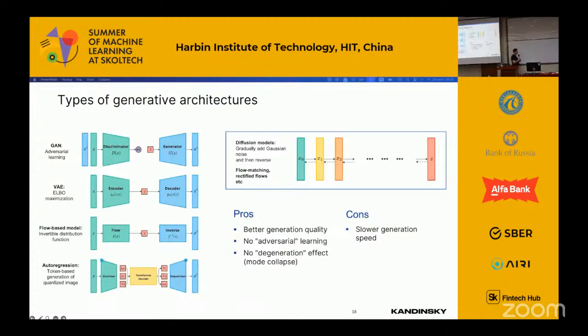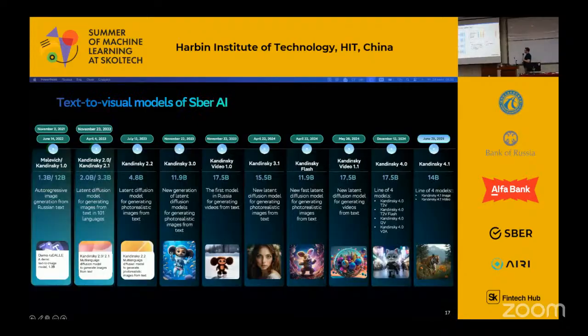For now, diffusion and similar models like flow matching are the state-of-the-art approach to modeling, for example, generating video, images, 3D, all visual modalities. And today we are going to talk about diffusion in focus.